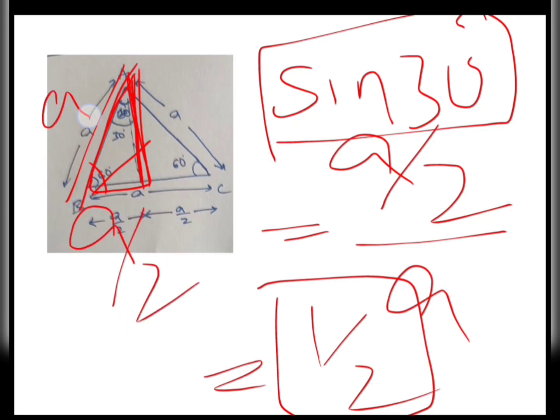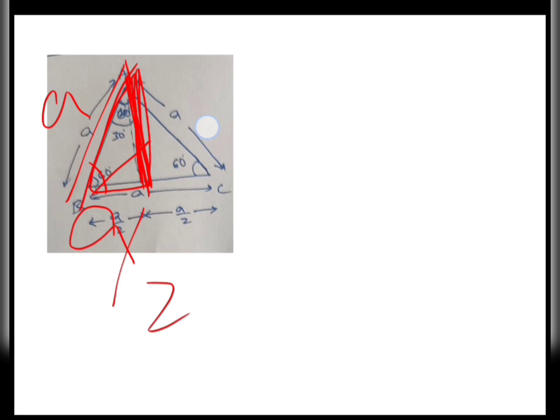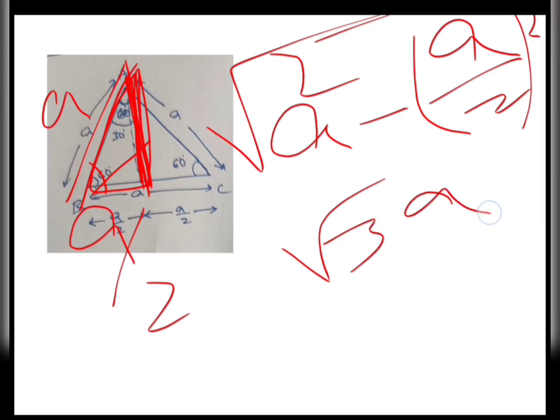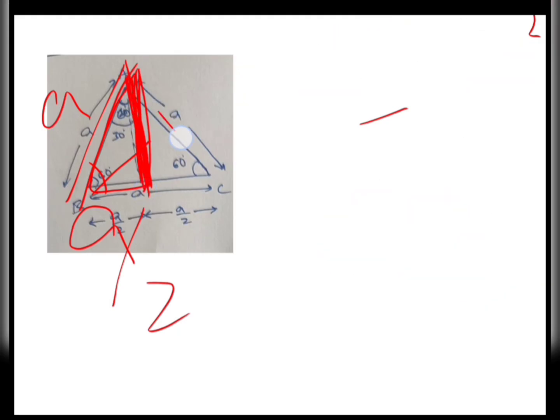We know this length is A. This length, which is unknown, will measure under root of hypotenuse square minus one of its sides square, A by 2 whole square, which will give you root 3A by 2. So this side will measure root 3A by 2.